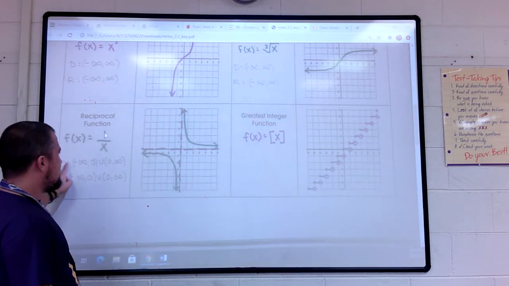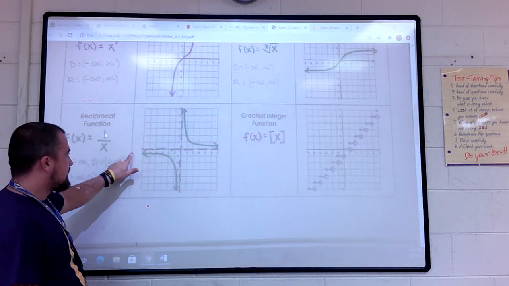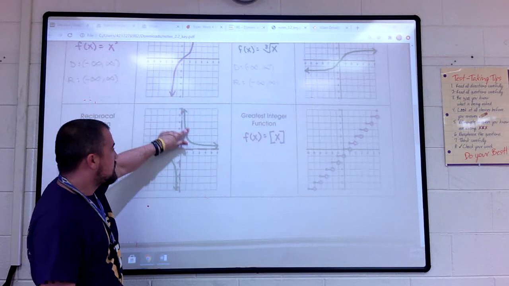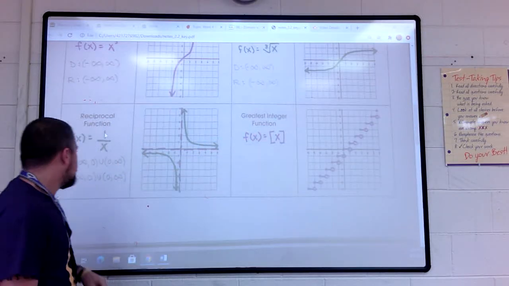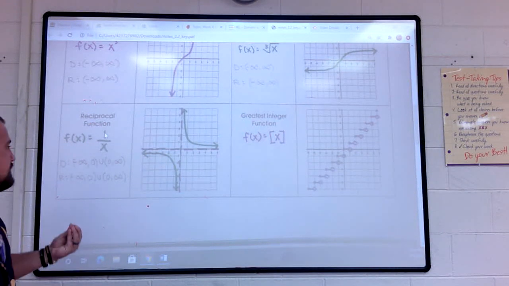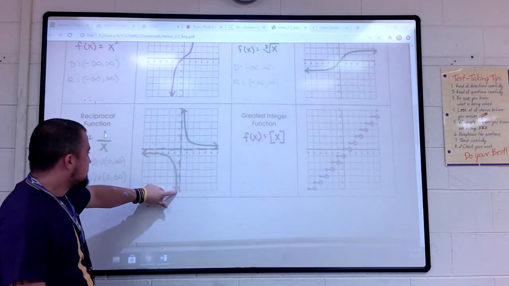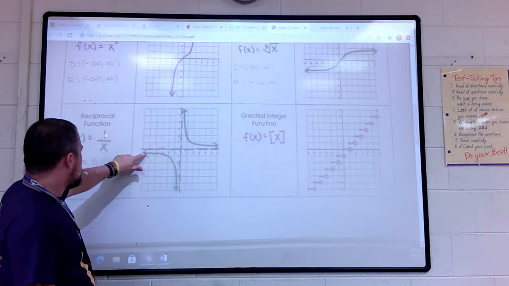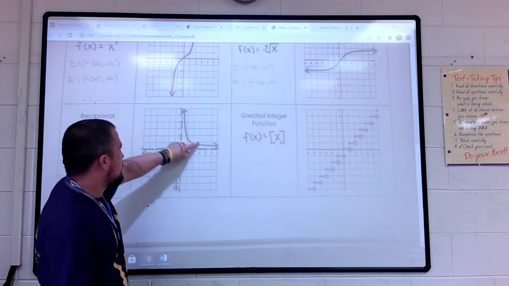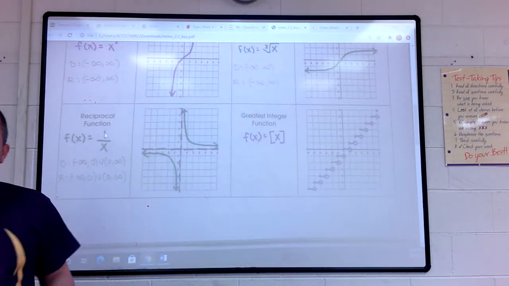The domain, from left to right, goes from negative infinity to about 0, and then it stops at 0 and continues on to infinity. The U shows a break in the domain, where it stops. The range starts at negative infinity and goes to 0 and then stops. There's a break, and then it picks back up at 0 and goes to infinity.